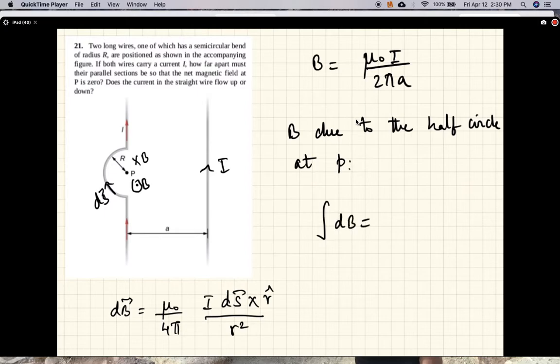Okay, and we're adding up mu naught I by 4 pi ds, and they're all at a distance of a. No, not a. What is the radius? R. Okay, so this is all constant, mu naught I by 4 pi r squared, and the length of that half circle is pi r.